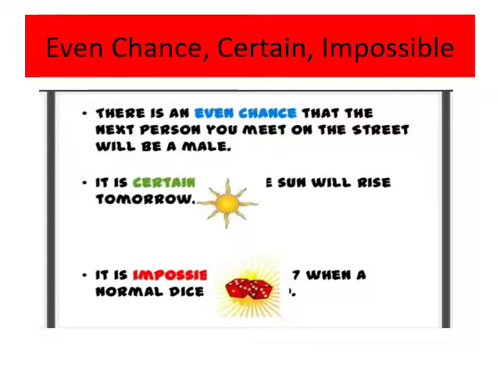Certain. No one can change it. It is certain that the sun will rise tomorrow. Impossible. It is impossible to get 7 when a normal dice is thrown. Children, I hope that you have understood these chances: even chance, certain, impossible.